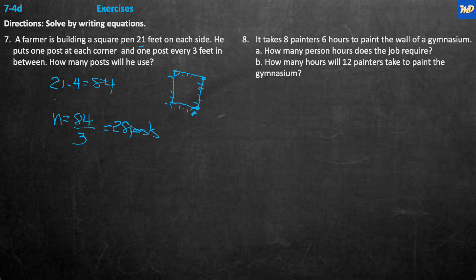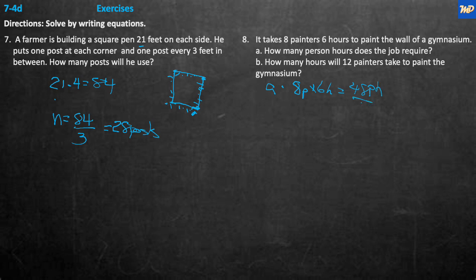So to solve A, 8 painters times 6 hours is equal to 48 person hours. 48 person hours.